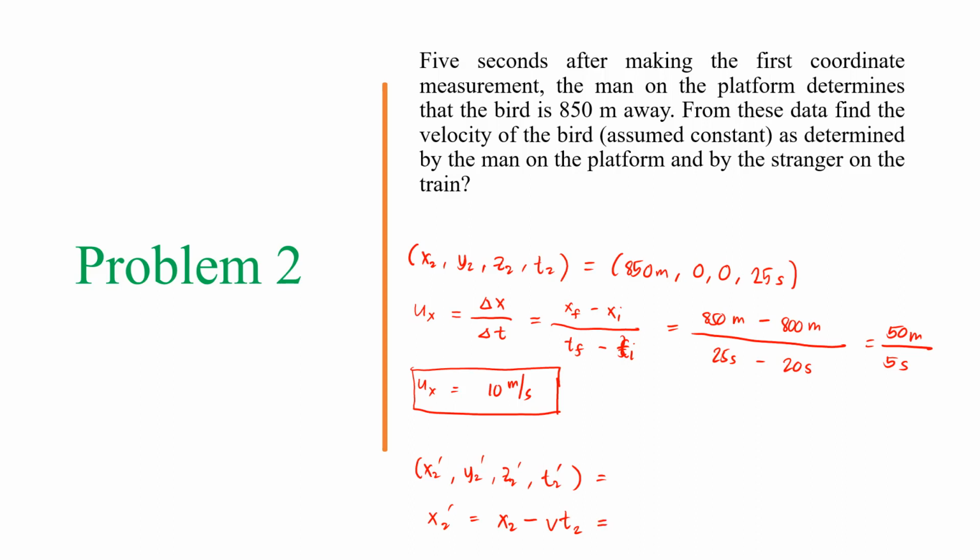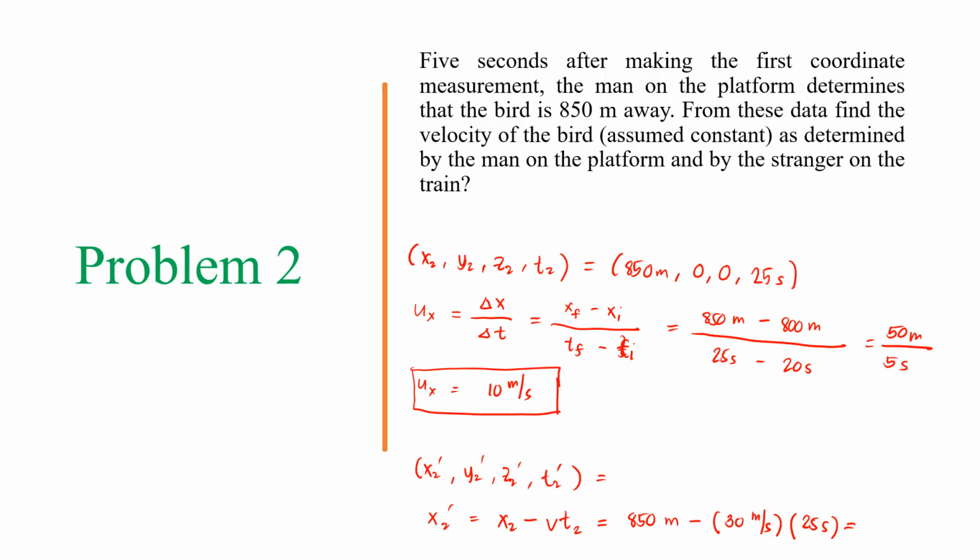So substituting all the values, we have 850 meters minus 30 meters per second, the velocity of the train, multiplied by 25 seconds. So our x sub 2 prime is 850 meters minus 30 times 25.